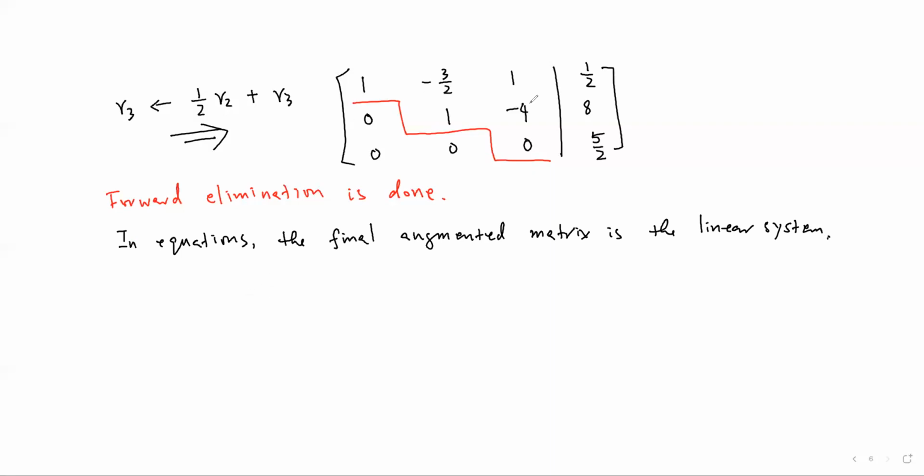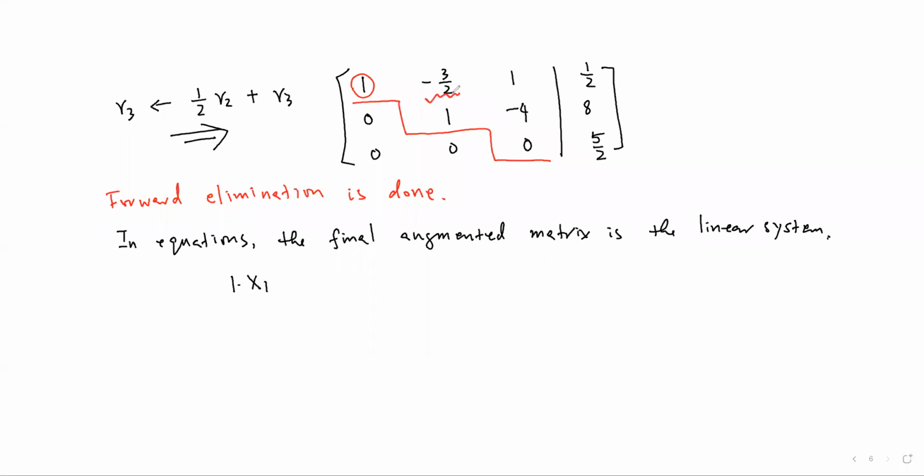One row is an equation. The first row is the equation 1 times x1, the 1 entry here, the coefficient of x1.